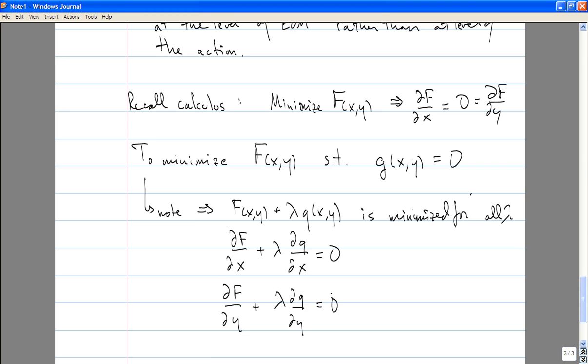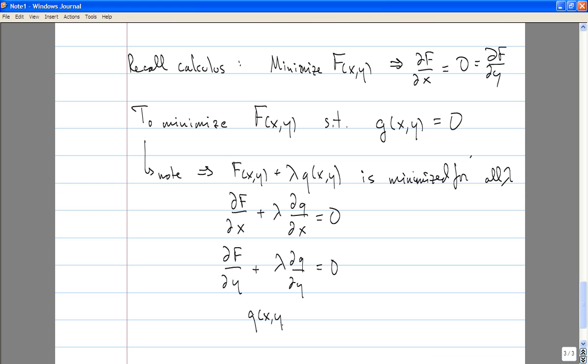And finally, I must also impose the constraint. And so what we have then are three equations for three unknowns: x, y, and lambda.